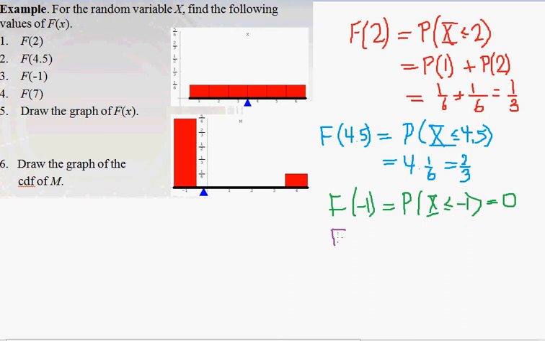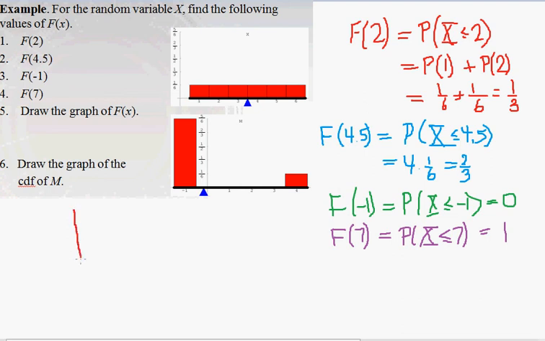And finally, F of 7. That's the probability that x is less than or equal to 7, and that is guaranteed. The possible values of x are 1, 2, 3, 4, 5, and 6, and so all of those are less than or equal to 7, and so the chance that x is less than or equal to 7 is exactly 1. Part 5, let's draw the graph.